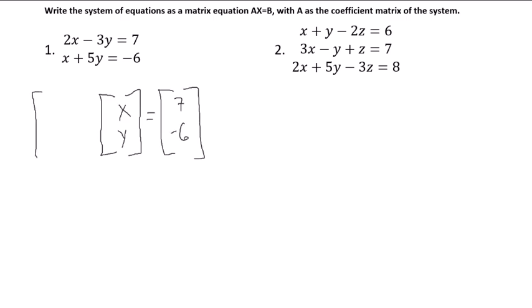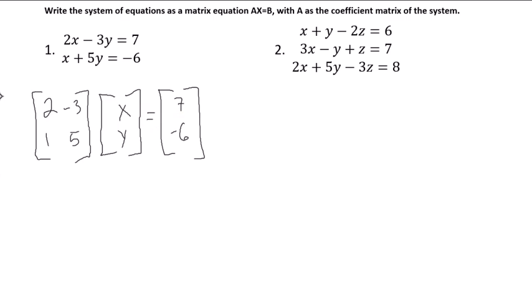And over here, we create a matrix with all the coefficients. 2, negative 3, 1, and 5. So if we multiply this, 2 and negative 3, by this, that gives you 2x minus 3y, that would equal the 7 that's here.